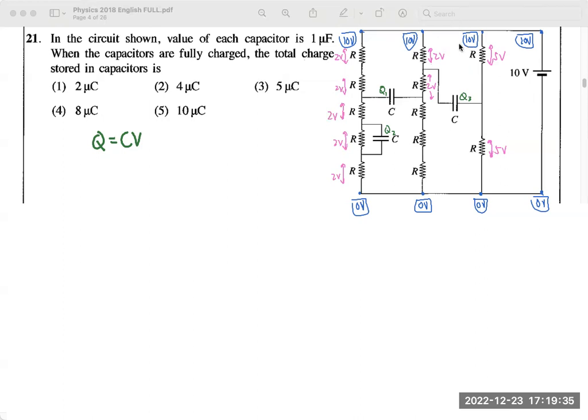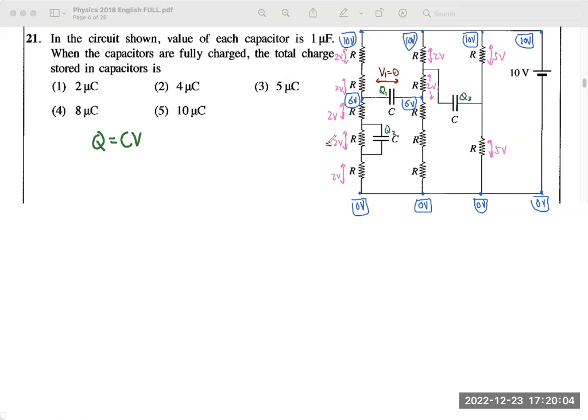So let's mark the potentials at either end of the capacitors. Here 10 minus 2, 8 minus another 2, so 10 minus 4, it's 6. So at this point the potential is 6 volt, and at this point the potential is again 6 volt, right? Yeah, 6 volt, and here it's 2 volt. So across Q1 there is no potential drop. V1 is equal to 0.